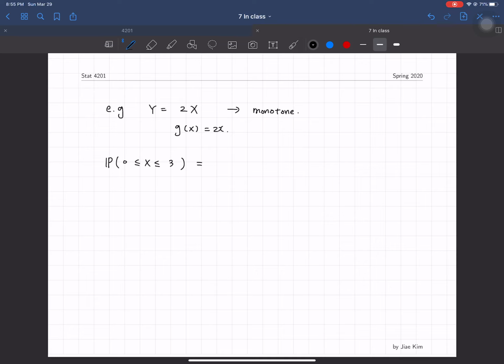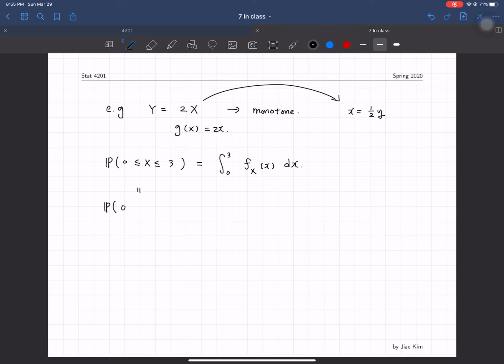then this probability is obtained through the integral from 0 to 3. Again, we are dealing with a continuous random variable. Integral from lower bound to upper bound of the density function of x. That's how we would obtain it. But if you solve this g of x for x, then what we have is x equals 1 over 2 y, right?